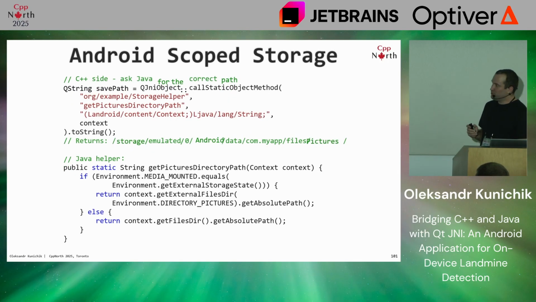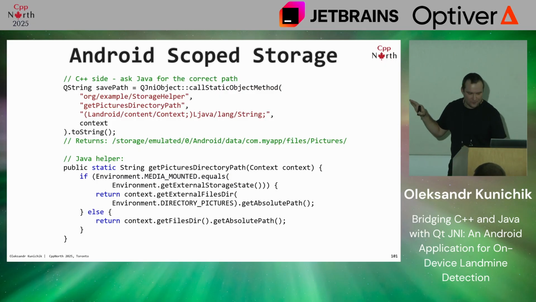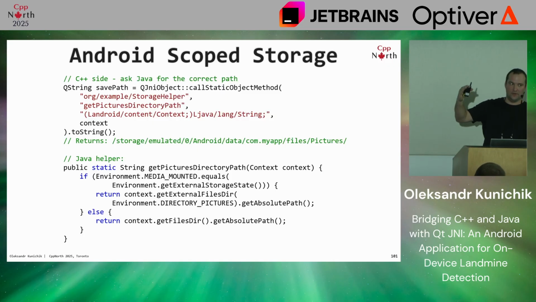One more Android headache. Android data storage creates a lot of headaches. You can't just write files anywhere anymore from version 10. And that's why, by the way, because I'm supporting older versions and new versions, I'm using both an old approach and a new one.